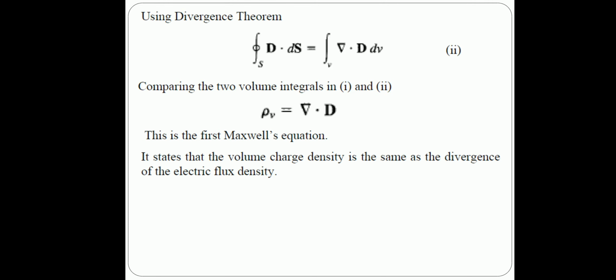According to the divergence theorem, the surface integral of a vector is equal to the volume integral of the divergence of that vector. So we can replace the closed surface integral of D dot ds with the volume integral of del dot D dv. So we can compare these equations.